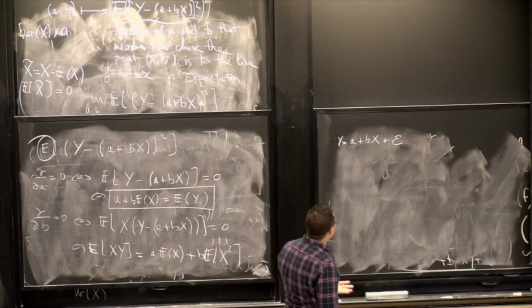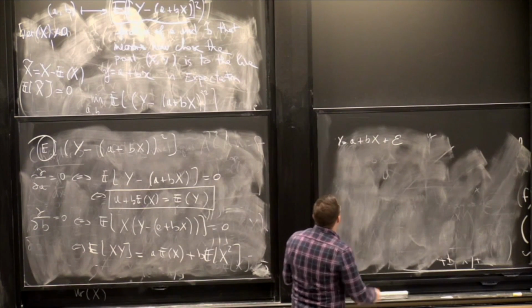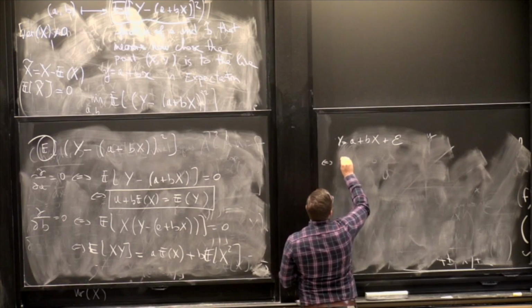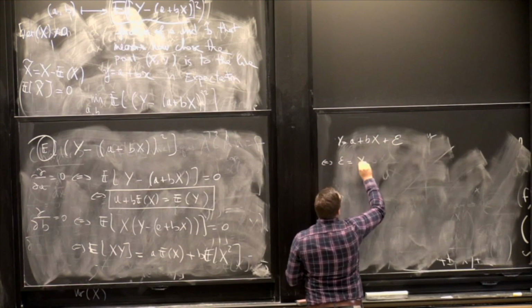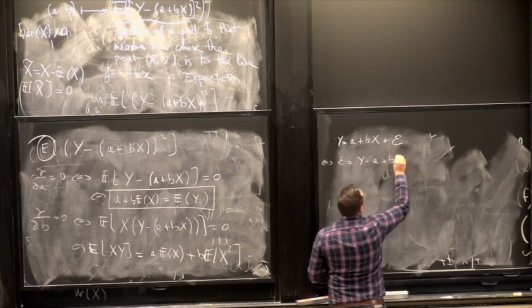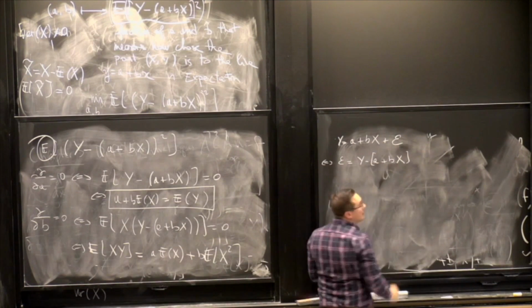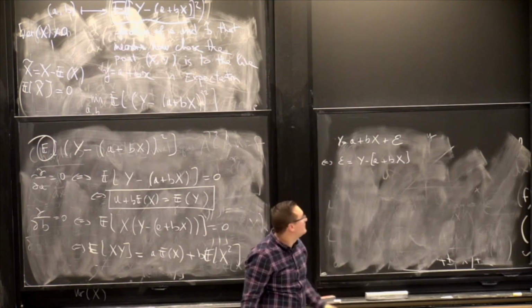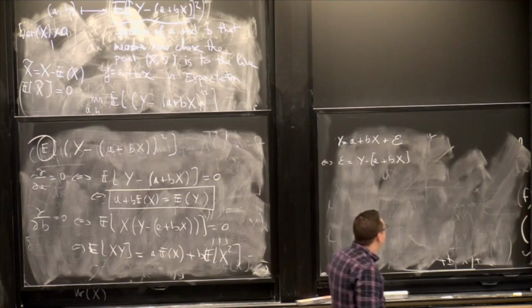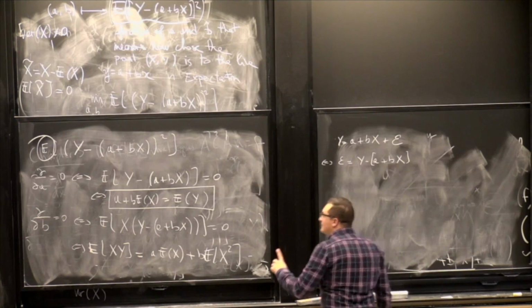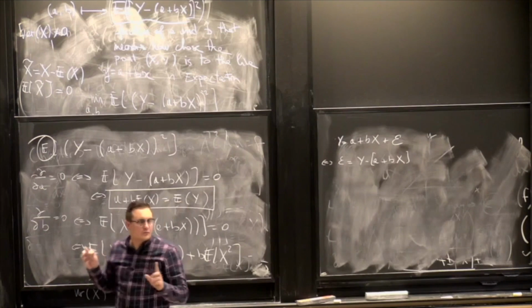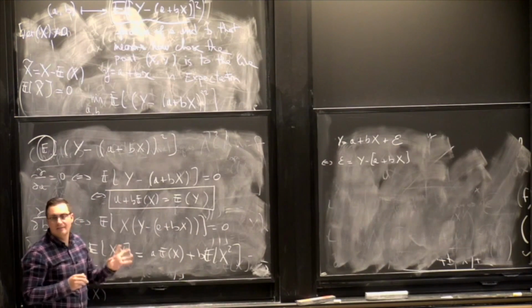So what happens is that I can always say that this is equivalent to saying that epsilon is equal to y minus (a plus bx), right? I can always write this. It's a tautology. But here, this is not for any a and b, right? This is really for the best fit a and b.